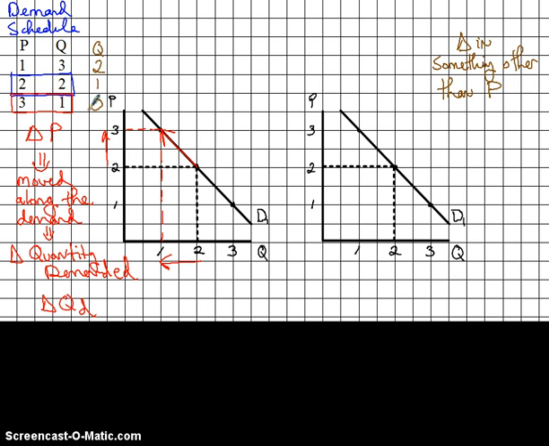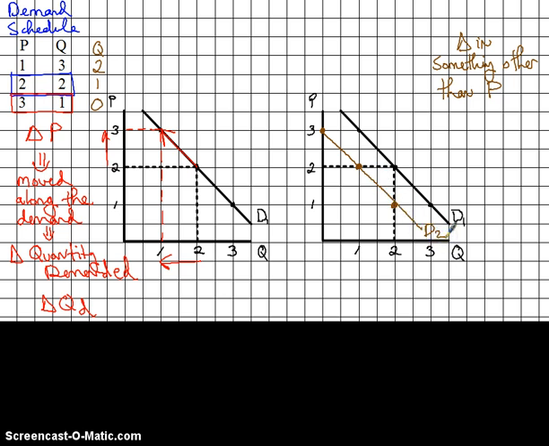So then we want to graph this new demand schedule. When the price is $3, the consumer will buy 0 of the good. So there's my new point. When the price is $2, they'll buy just 1 unit of the good. And when the price is $1, they'll buy 2 units of the good. Connect those dots, and we have our new demand curve. I'll call that demand curve 2.